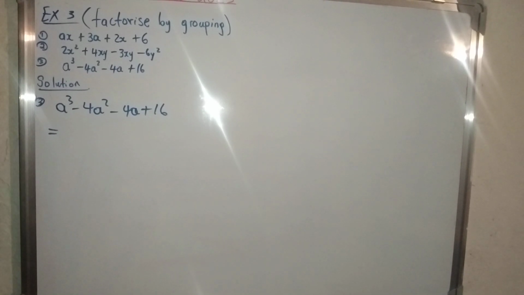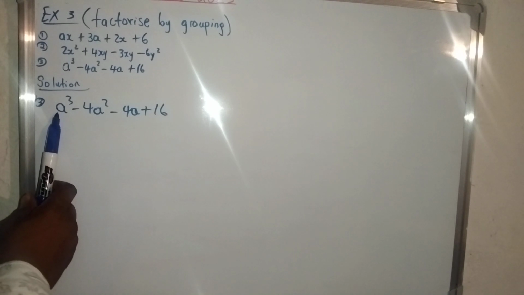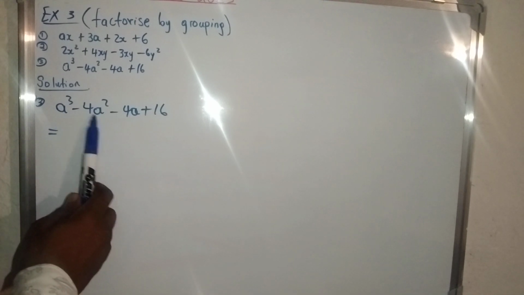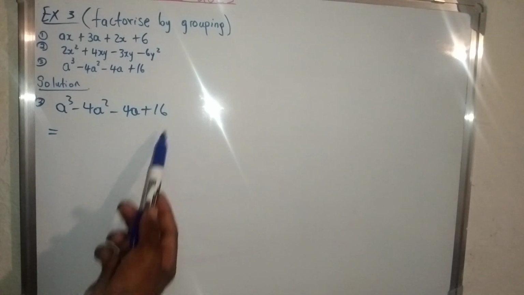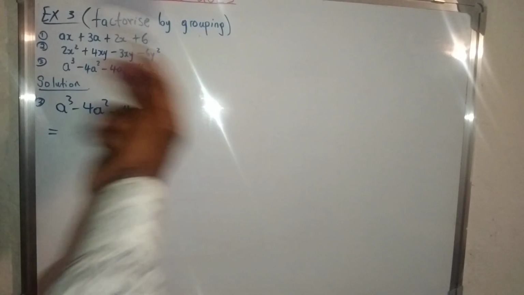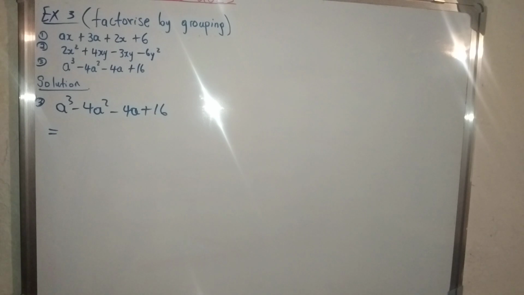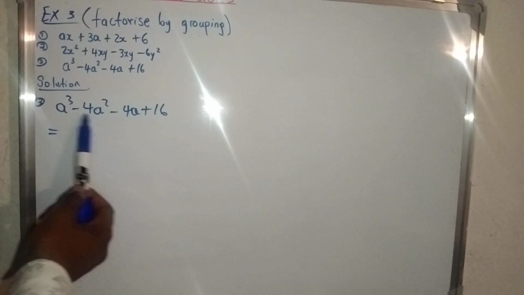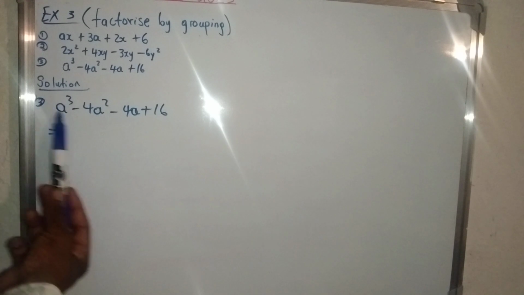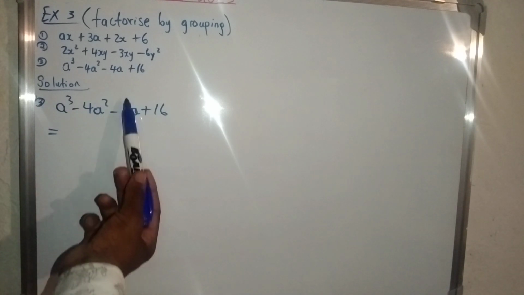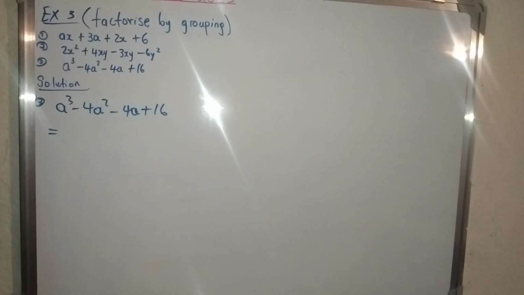Now we have a to the power 3 minus 4a squared minus 4a plus 16. So we want to factorize this one by grouping. Then here what we're going to do is, these two terms share the same value, which is a. Okay, so we're going to group these ones together and we group the last ones together.